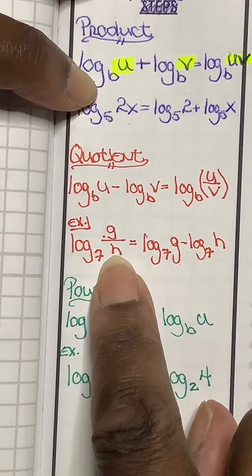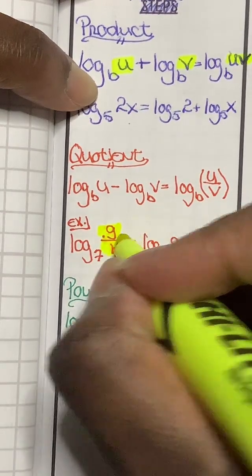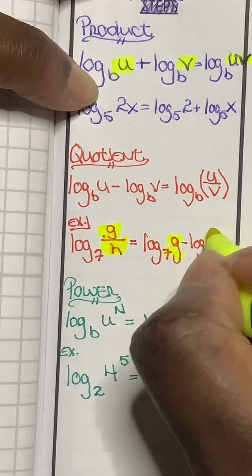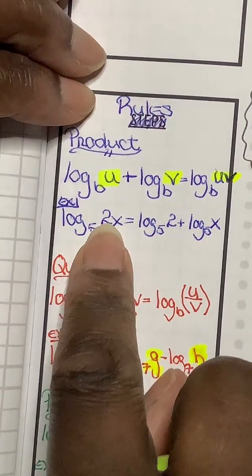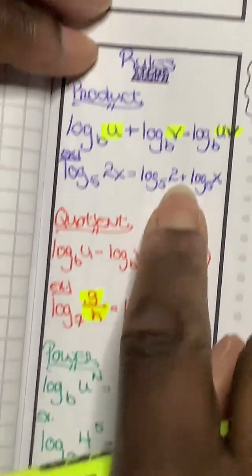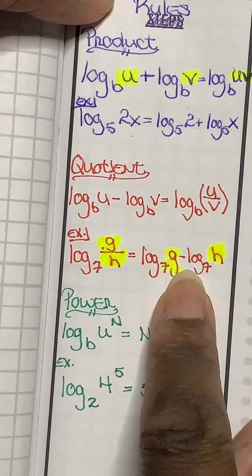So I basically took the g and the h and gave them their own logs. Okay, so that's the quotient rule. Product rule, when you're multiplying, you're going to add. Quotient rule, when you are dividing, you're going to subtract.